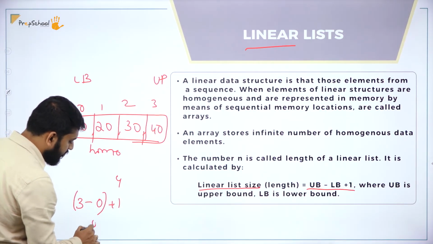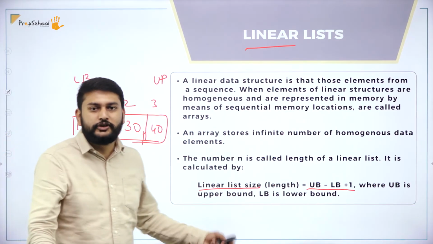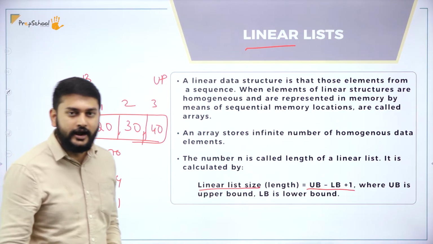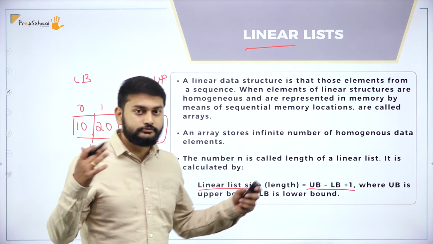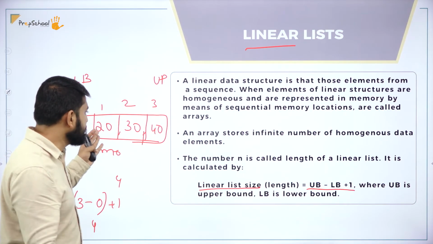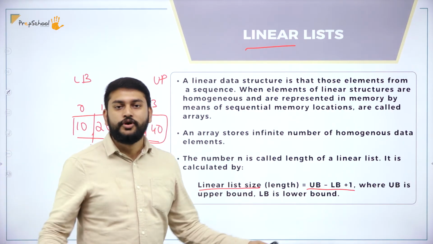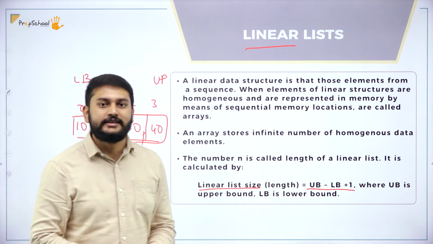What is the answer? 4. So directly you can arrive at the size. If you don't know how to calculate, you can just use this formula. This is how you will be calculating the size.